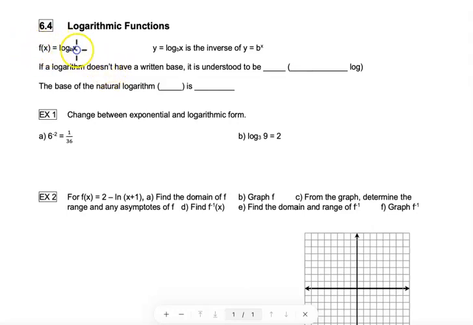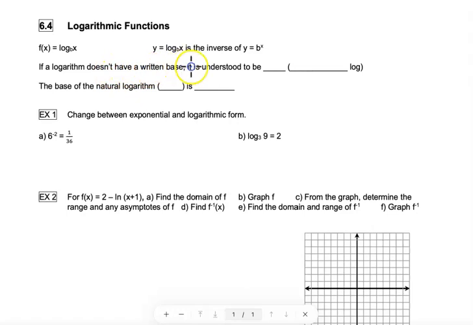So when we read a logarithm, log base b of x is how we would read that. And our parent function is the inverse of y equals b to the x, which would be an exponential. So exponentials and logarithms are inverses of each other.